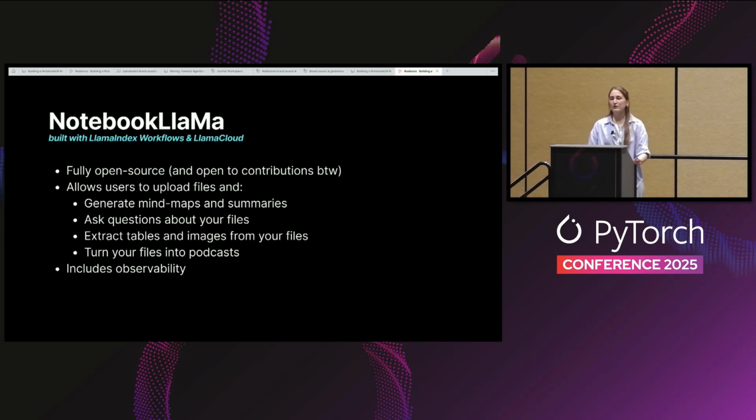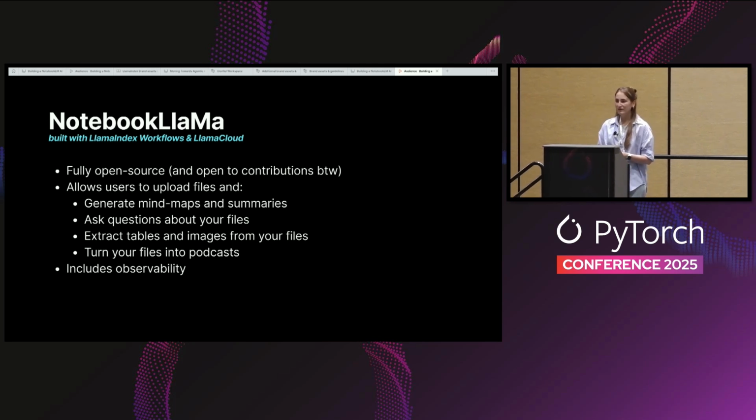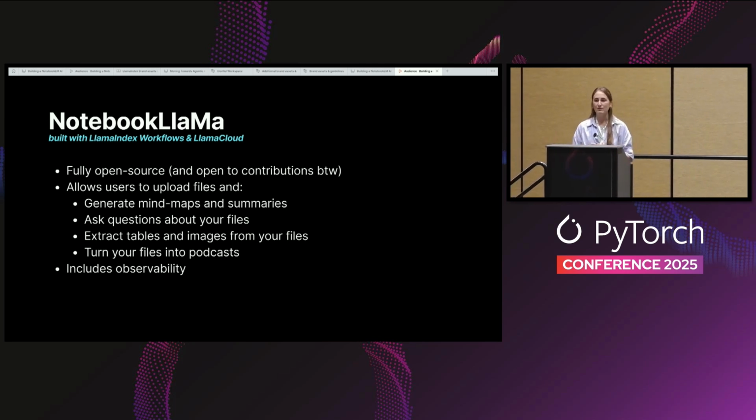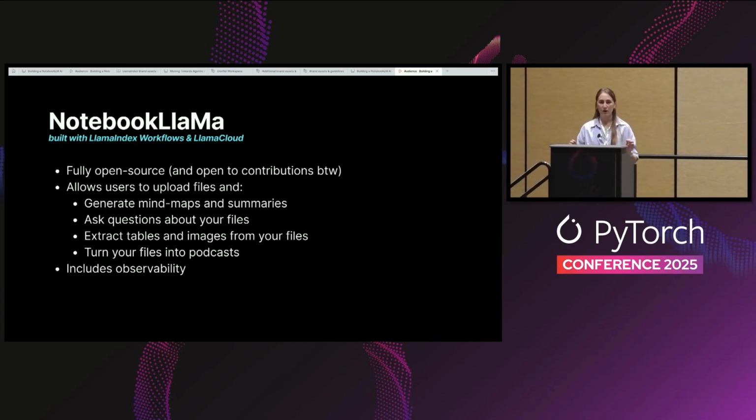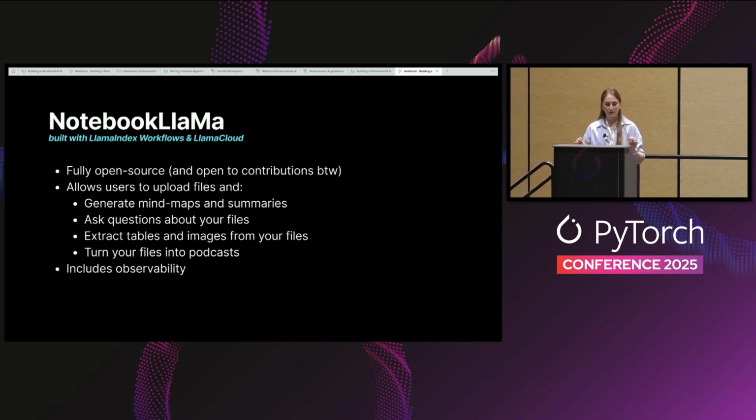So the few things that we set off with is obviously we weren't aiming to build the entire NotebookLM application ourselves, but we did have a few requirements. We wanted to make it fully open source, and once a user uploads files, we wanted it to generate a mind map, similar to the way you've seen in actual NotebookLM.